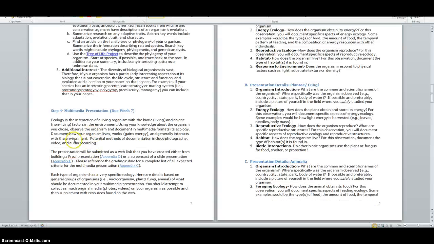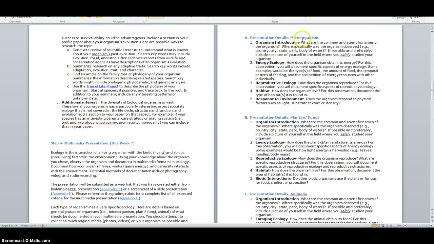So as we see here in the multimedia presentation, which is due week 7, these are going to focus on behaviors that are more observable, because you're going to present these via photo and video and some written context as well in your Prezi or screencast-o-matic presentation. So depending on whether you choose a microorganism, a plant or fungus, or an animal, it will tell you which facets you should include in your presentation.